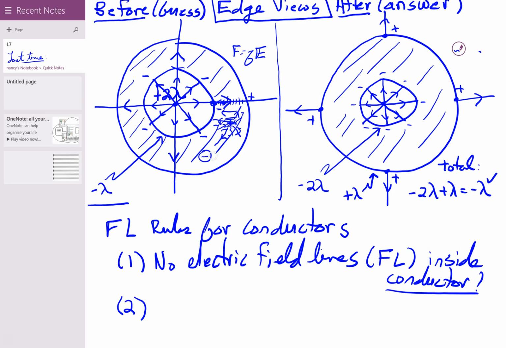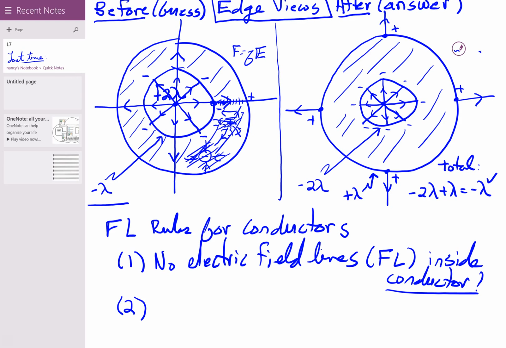You can't have an unbalanced minus charge either, because if there's an unbalanced minus charge, we know there have to be field lines ending on it in proportion to that charge. That would imply some field lines, and if there are field lines inside my conductor, I've got a problem. They're going to be compensated out very quickly, so that situation just can't happen.